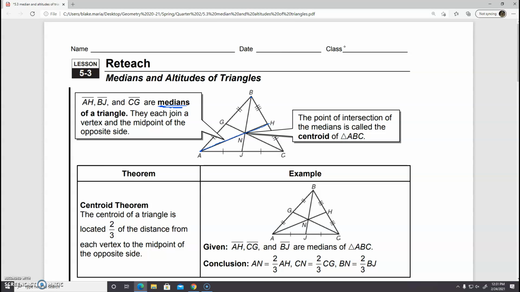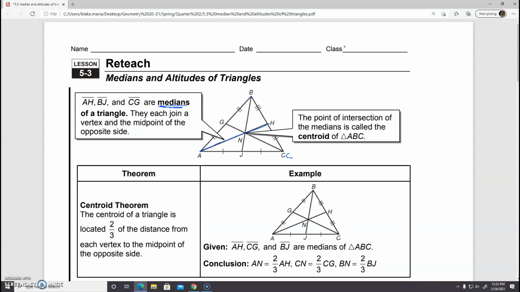What makes something a median is it connects a vertex to a midpoint. Here, C to G, vertex to midpoint. So those are our medians.